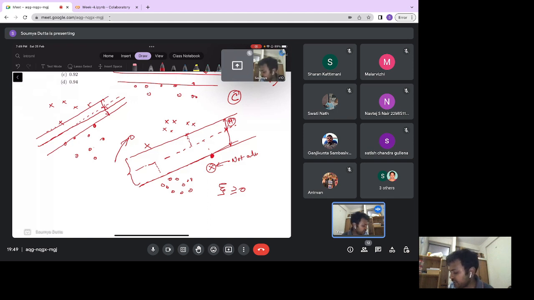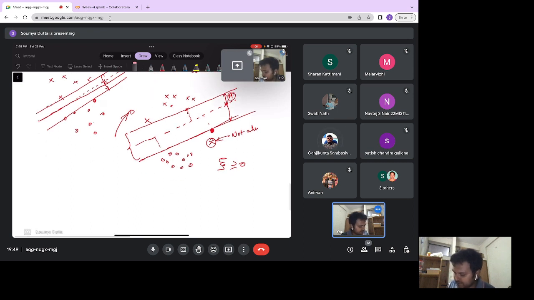If zeta is greater than 1, the point is misclassified. And if zeta lies between 0 and 1, it is in the margin. But I don't think those details were covered in the lecture, so I won't go into them.